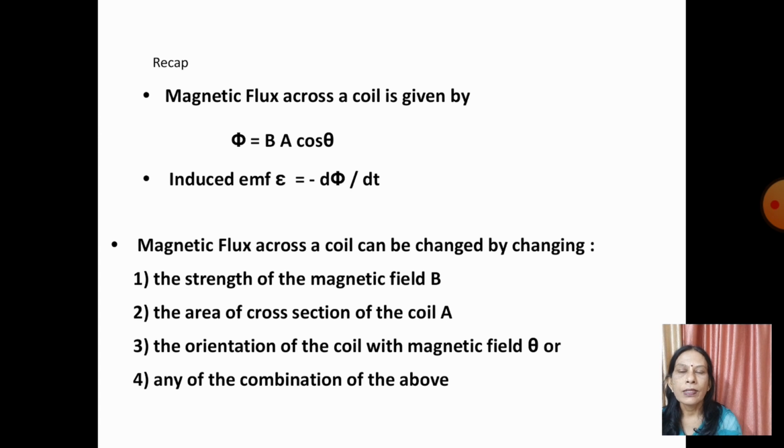The magnetic flux can be changed by changing the strength of the magnetic field, the cross-sectional area, the orientation of the magnetic field, or any combination of the above. These things you have studied in the previous topic.